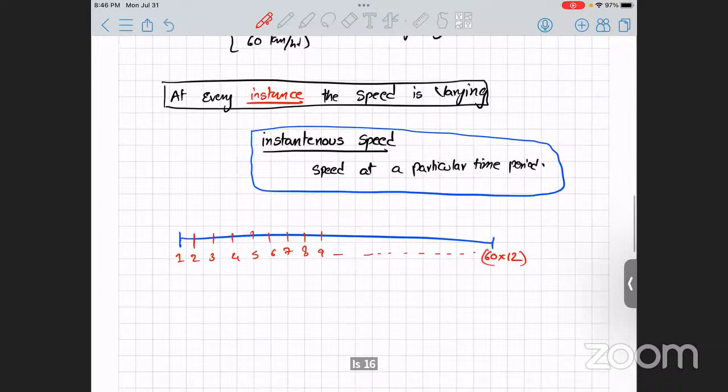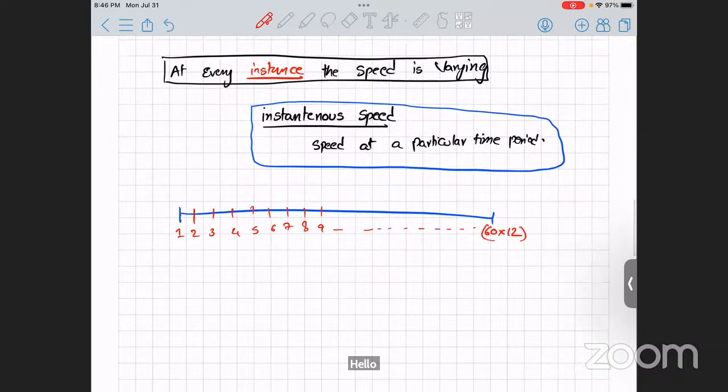Agree? This is a 1 minute time step. Clear, everyone? Yes, sir.